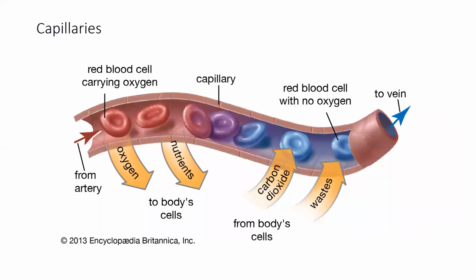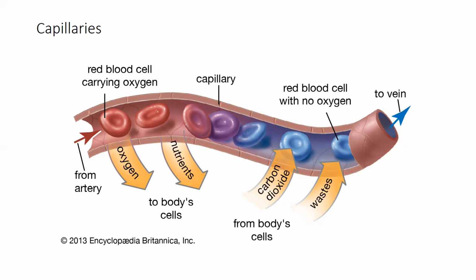Let's discuss capillaries in more detail. As you can see in this diagram, they often bridge the gap between arteries and veins. They are extremely small blood vessels, which are just big enough to allow a single red blood cell to pass through.